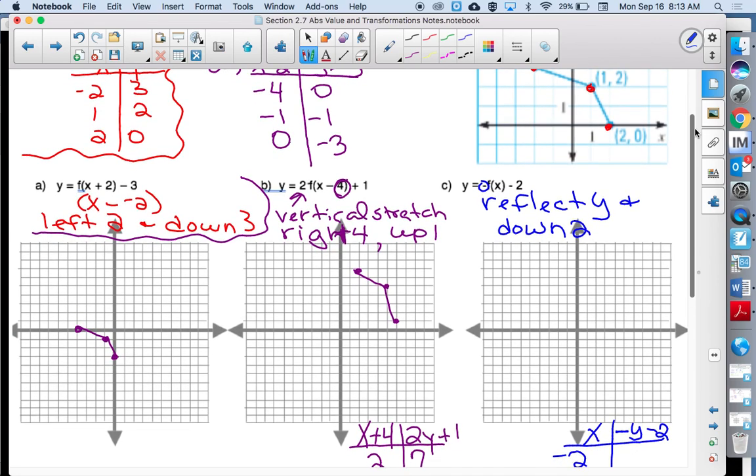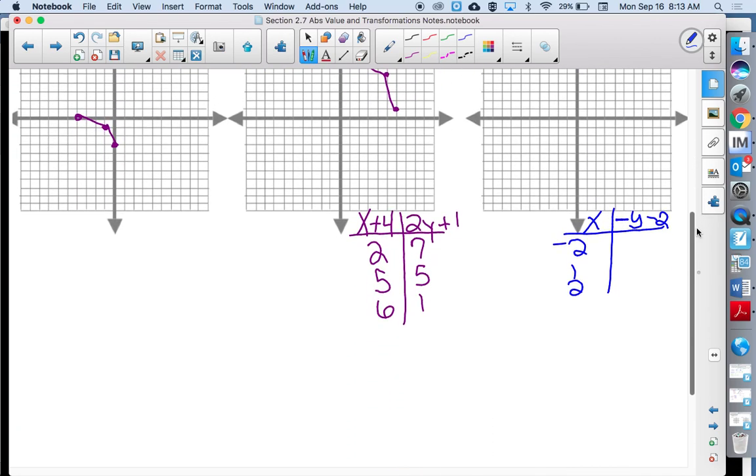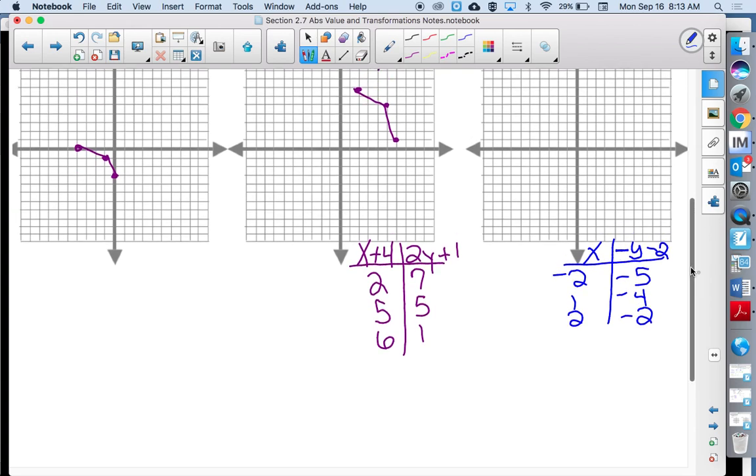So Sadie, the new y values would be, nice job. So x isn't changing. The y values are becoming negative because it's reflecting, so it's going downward. And then we're also subtracting 2 from that.